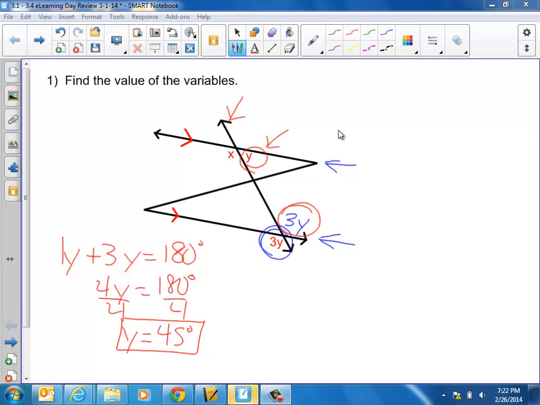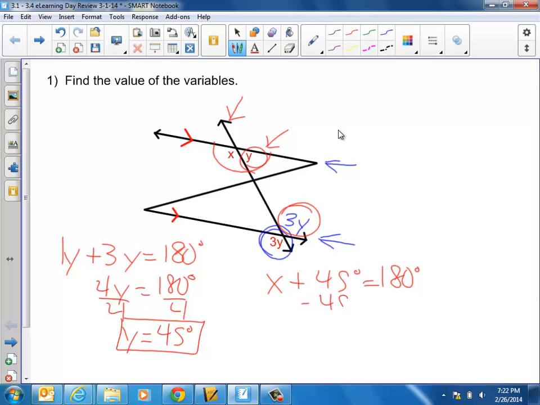All right, so how does that help us? Well, if we know y, and we know that x is right beside it, check it out. Y and x form half of this semicircle. We know that half of a circle is 180 degrees in all. So x and y together have to be supplementary. So I can say x, which I'm trying to find, plus y, which we know is 45 degrees, is equal to 180 degrees.